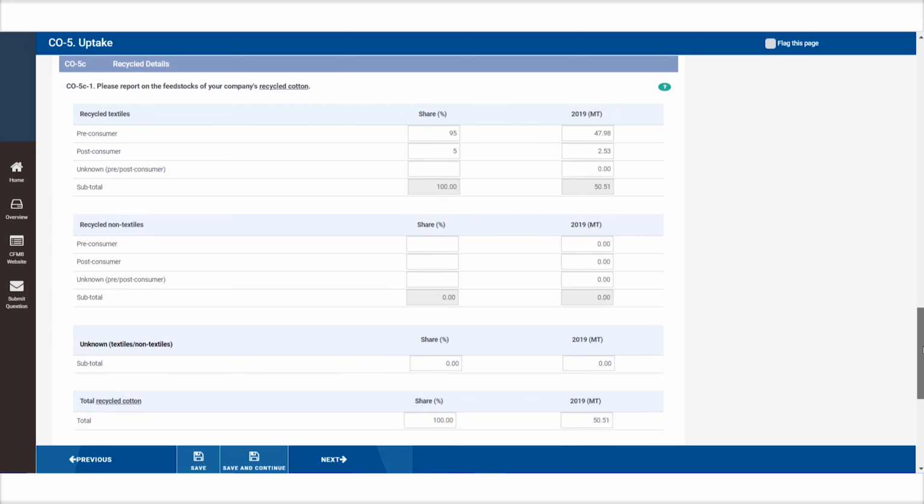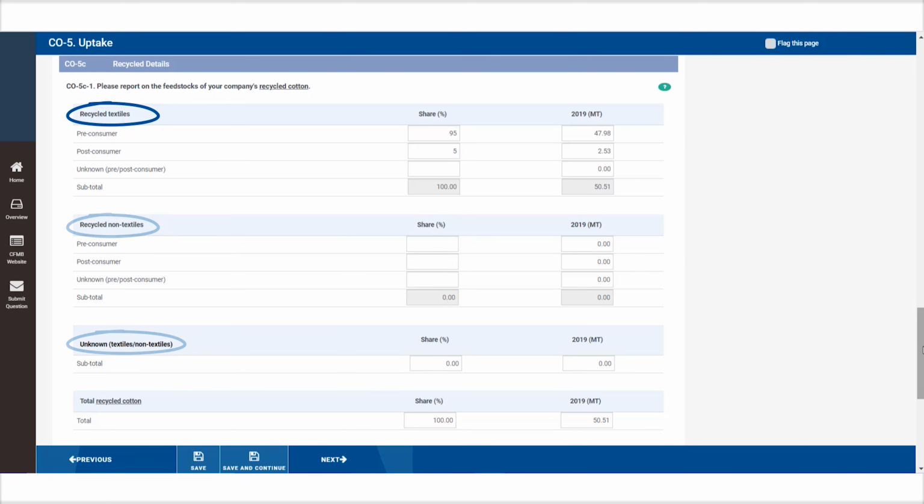Question 5c in the material modules asks your company to provide a breakdown of the types of your recycled materials. This question is structured around three main tables. One table for recycled textiles, one table for recycled non-textiles, and one for unknown.